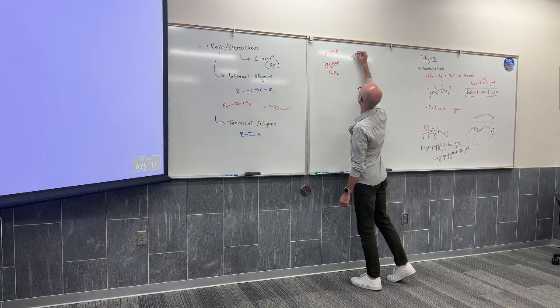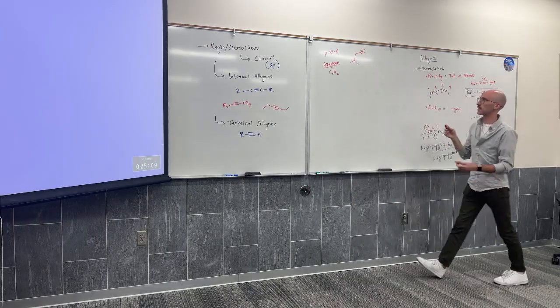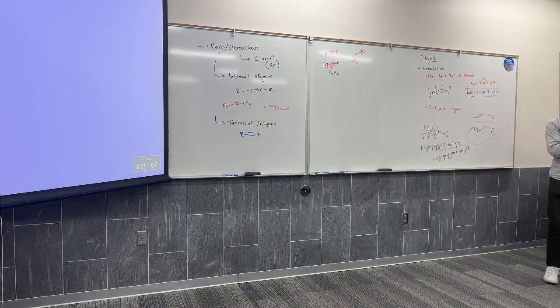But other terminal alkynes, you could have something like this. 4-methyl-1-pentyne. That's terminal because the second carbon is bonded to a hydrogen. Or I guess maybe I should say the first carbon is bonded to a hydrogen.